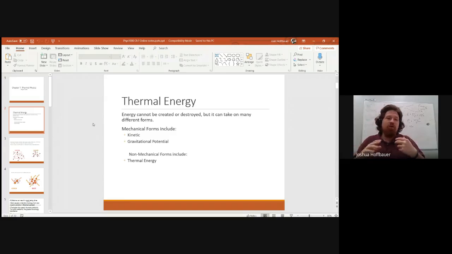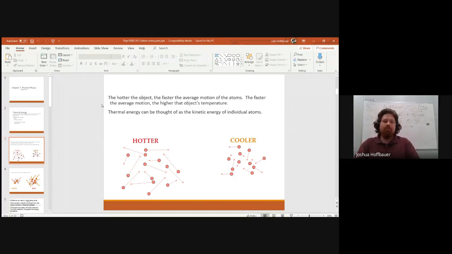And pretty much every single physical act in the universe, every time something moves, every amount of energy used up in some physical process is going to create some amount of thermal energy. So even though energy cannot be destroyed, you can turn it into thermal energy. And once it is thermal energy, it tends to stay that way. So moving on to slide 3.